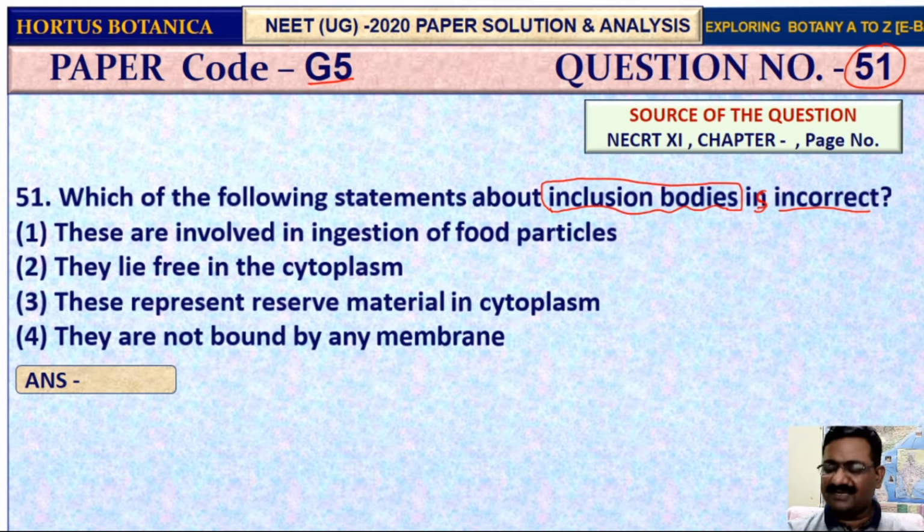By name it is very much clear. Include. From that we say inclusion body. Now, this inclusion body is very well organized and visualized in prokaryotes, mainly in the bacterial cells, as well as cyanobacteria, that is the prokaryotic cells.